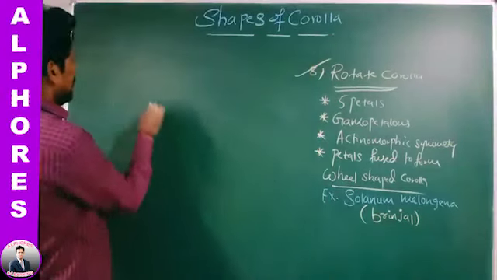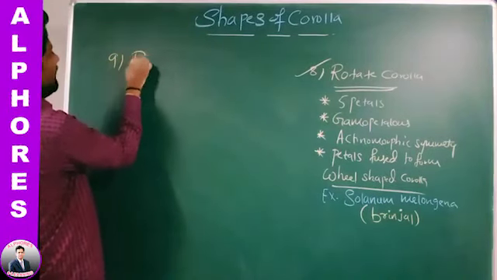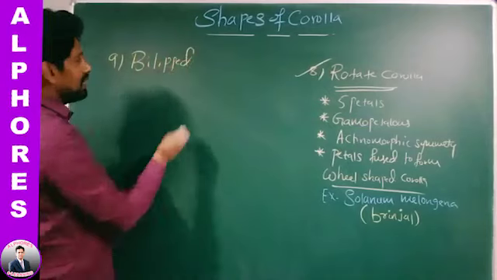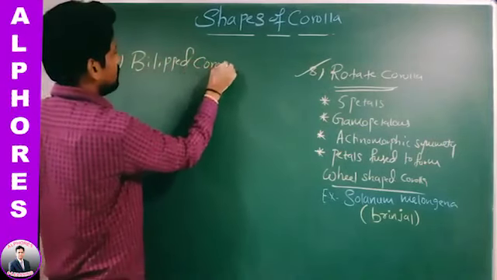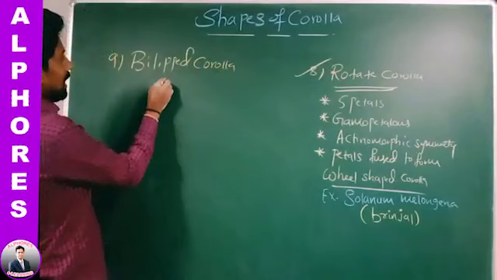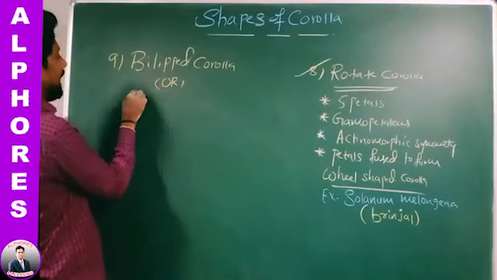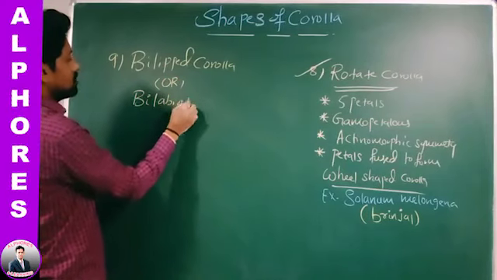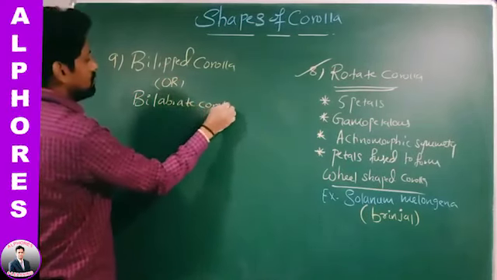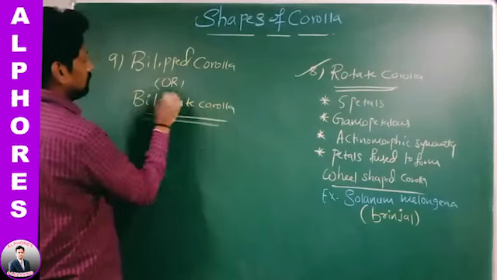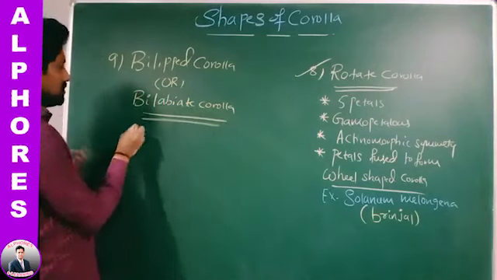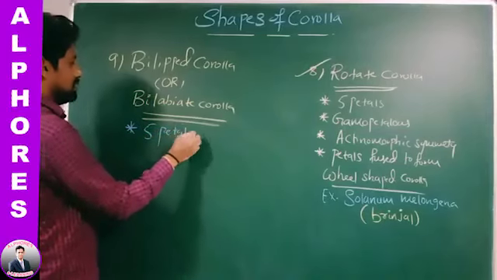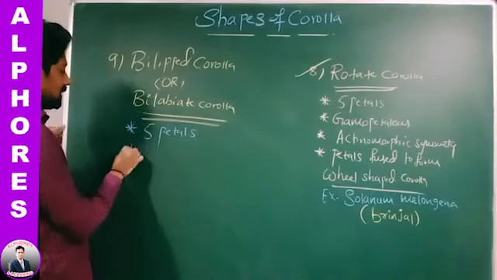Now go for the next one, number 9, bilipped corolla, which is also called bilabiate corolla. Here the corolla has 5 petals, and these 5 petals are fused.